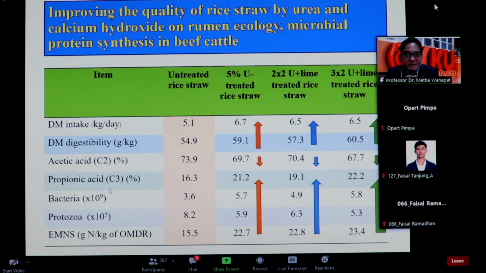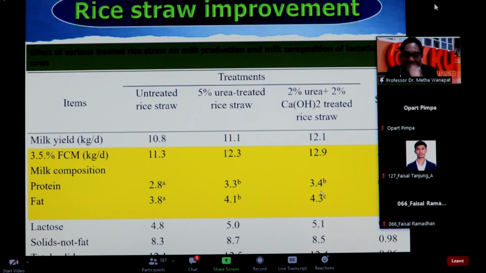The propionic acid, the population of bacteria and the effective microbial nitrogen synthesis have been significantly improved by urea treatment as compared to the control, but similarly with the 5% urea, while the cost of treatment can be significantly lower.